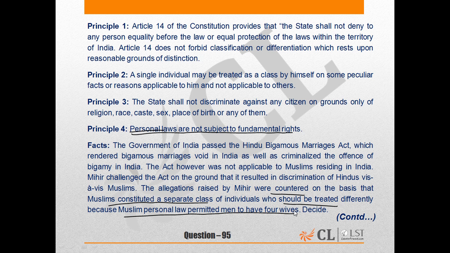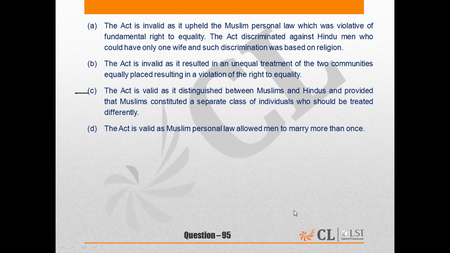Now, in the act that has been enacted, option C, which has been marked by most of the students, says that the act is valid as it distinguished between Hindu and Muslims and provided that Muslims constituted a separate class of individuals who should be treated differently.